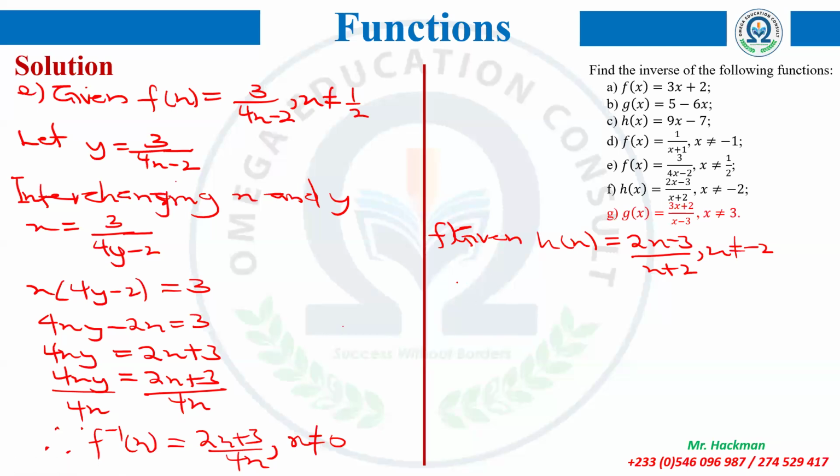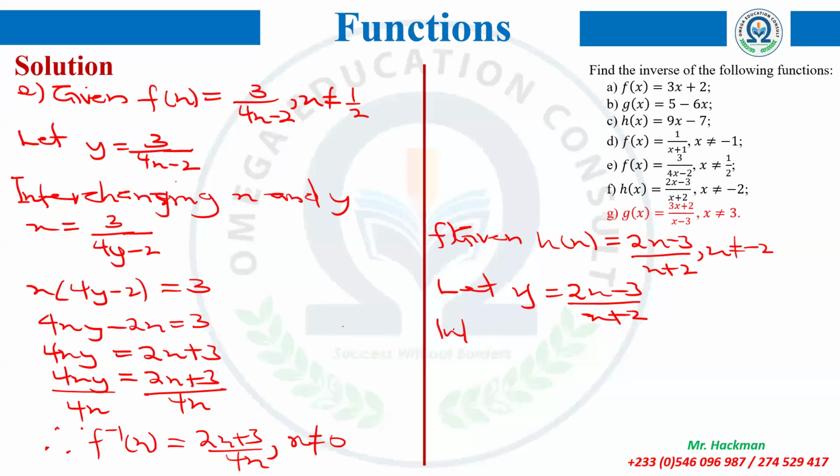So first step, y is equal to the function h of x, but h of x is this, so y equals 2x minus 3 all over x plus 2. All correct? The next step is to interchange x and y.